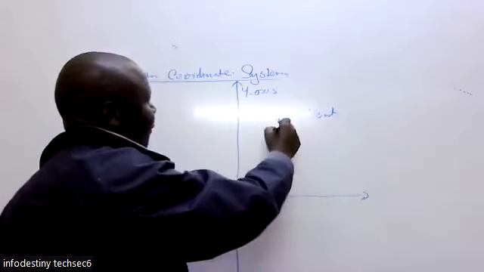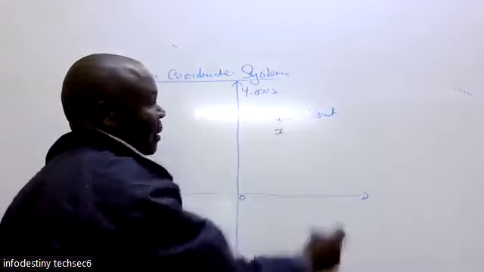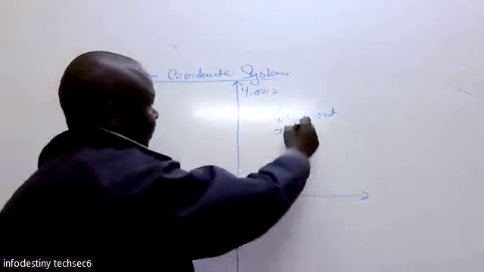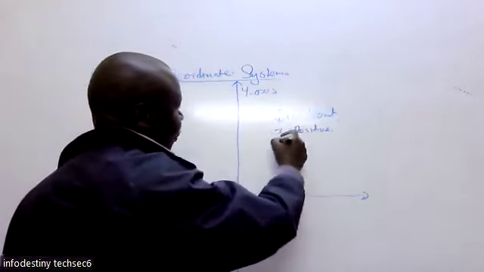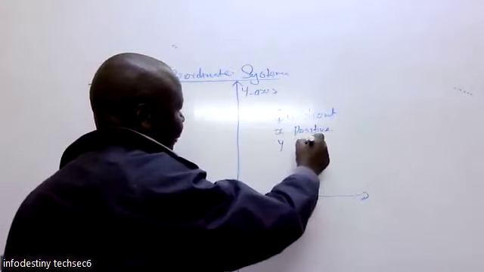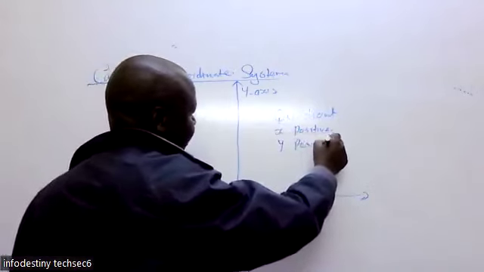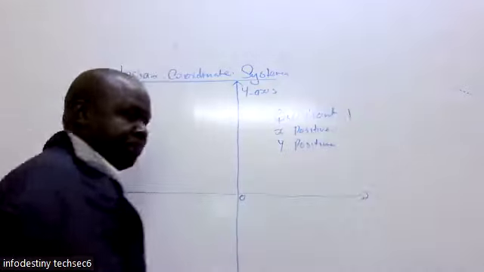So we are going to have x positive and y positive. That's quadrant 1.